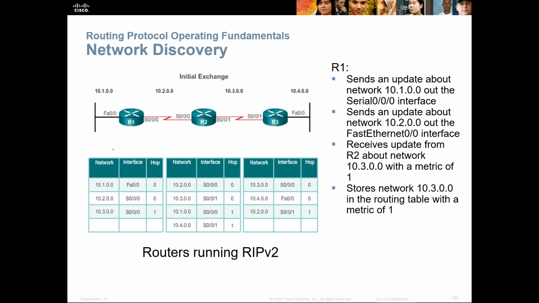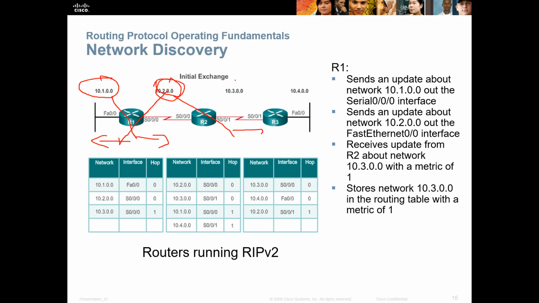So R1 will send an update in both directions, except that network will go there, and this network will be sent out there. That way Router 2 will learn about 10.1. And also, Router 2 will do the same thing. It will share information that way, and that network will go that way. R3, same thing.